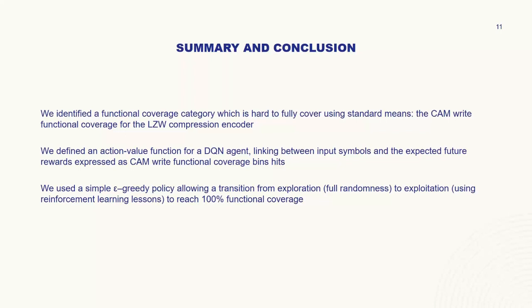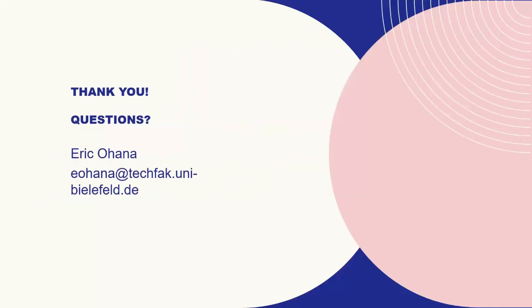We defined an action value function, and for every action, the expected reward is equivalent to how many complex bins you can hit in the functional coverage. And by using a simple epsilon greedy function, we managed, with two simulations, to get 100% functional coverage. Yeah, that's it, I think.